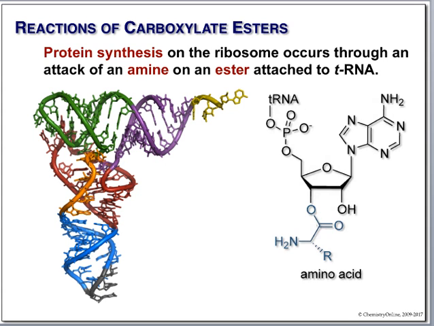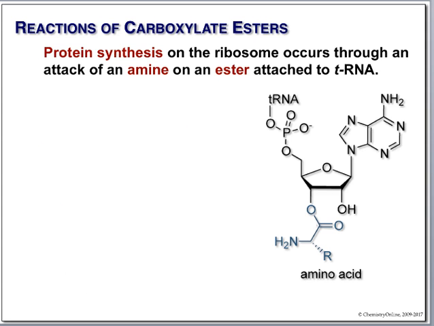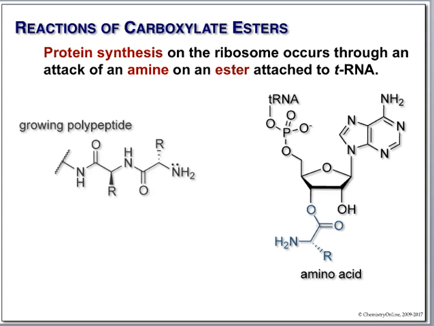So here's our adenosine, here's our tRNA, all the rest of it. This is the part that does the chemistry. So you have this growing peptide chain that's bound to the ribosome. And all the whole thing does is addition elimination. Nitrogen attacks.